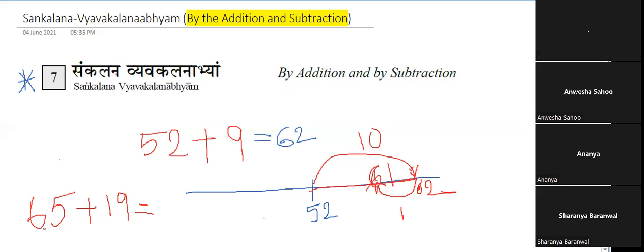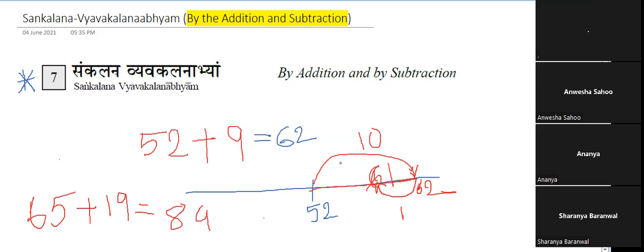If you add 20 to 65, it becomes 85. But actually we have to add 19, so in place of 19 we have added 20, meaning we have considered 1 extra. Now we can remove that 1 from 85. 84. So we are helping them and taking back later. So 84 is the answer.